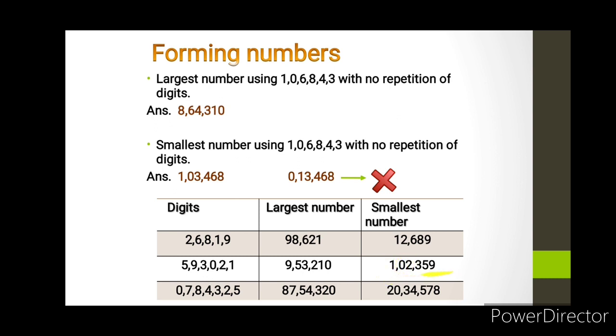And then followed by the other digits in ascending order. In the largest number you follow descending order, and in the smallest number ascending order. Just the condition is, if it is 0, it will come at second place. Simple as that.